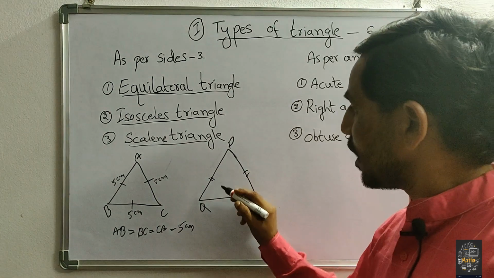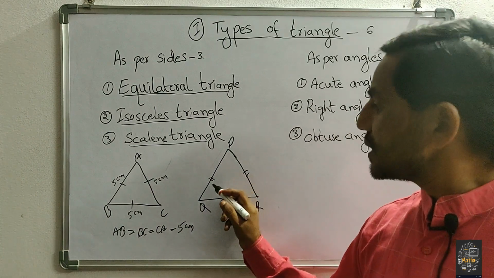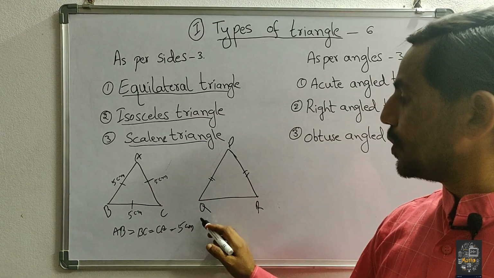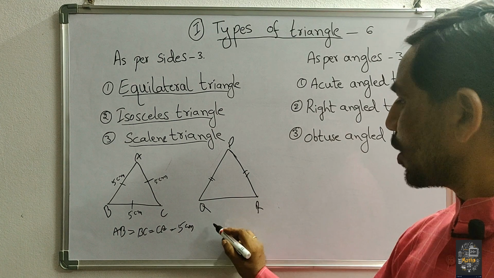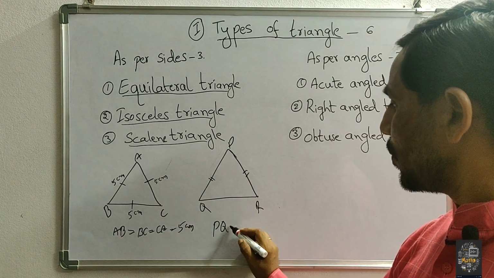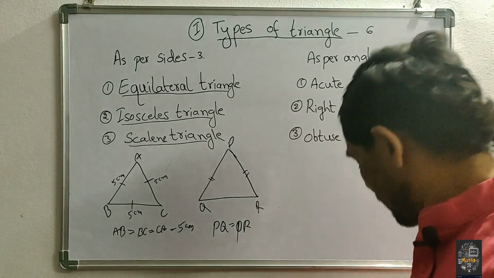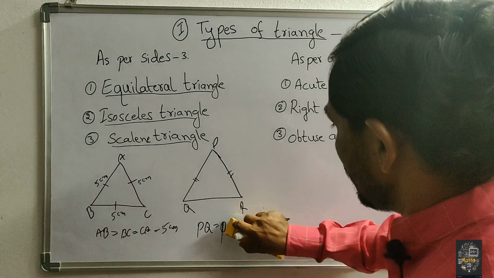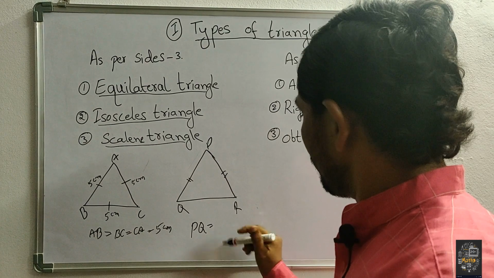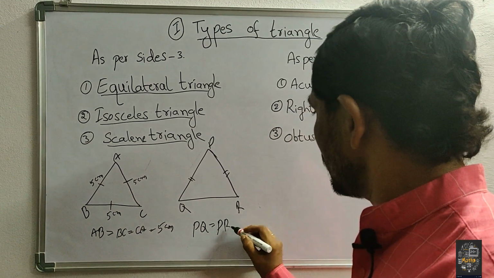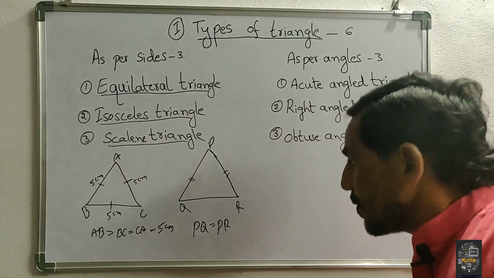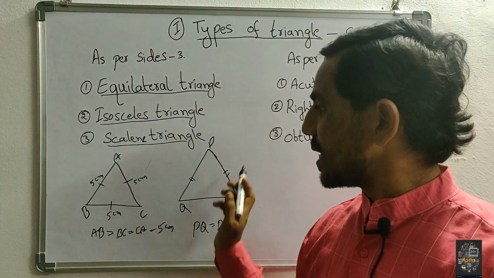In this diagram, these two sides are equal, that is PQ is equal to PR. Here two sides are equal, that is an isosceles triangle.